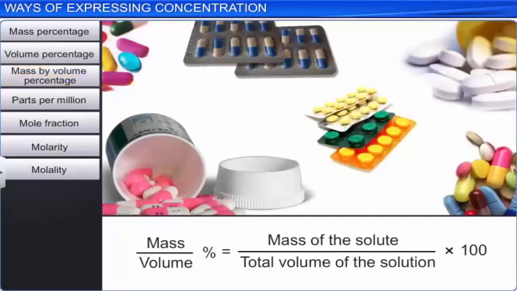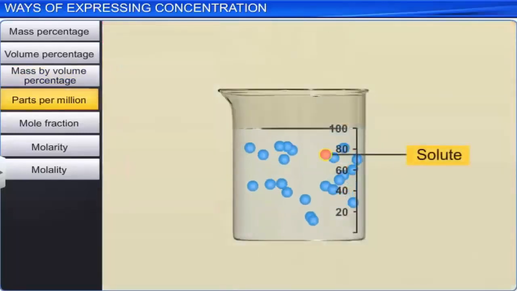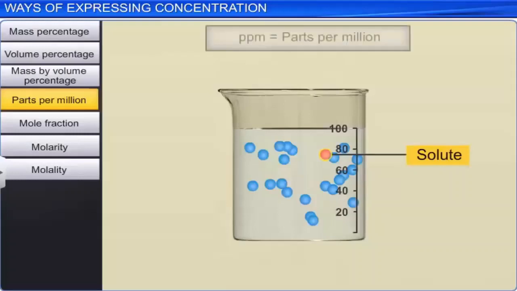When a solute present in a solution is in a very small quantity or trace amounts, then its concentration is expressed in another quantity known as parts per million, or ppm. Parts per million is defined as the ratio of parts of the solute to million parts of the solution.